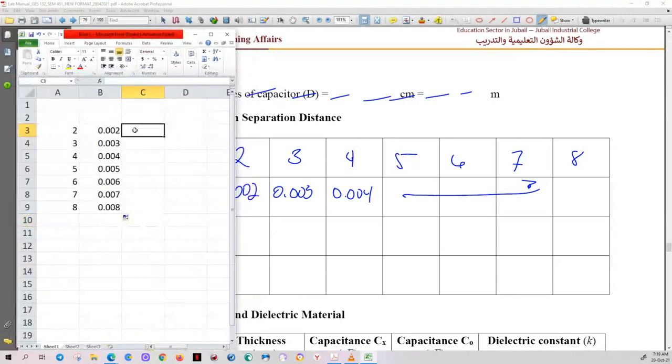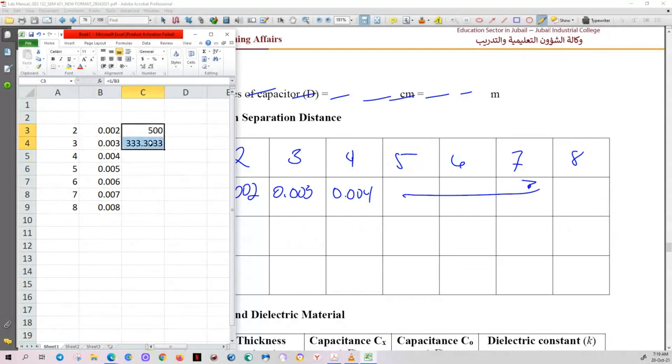But in Microsoft Excel, I can do the inverse. I will take this number and use 1 divided by this number. That's the inverse function. Again, 1 divided by this number.